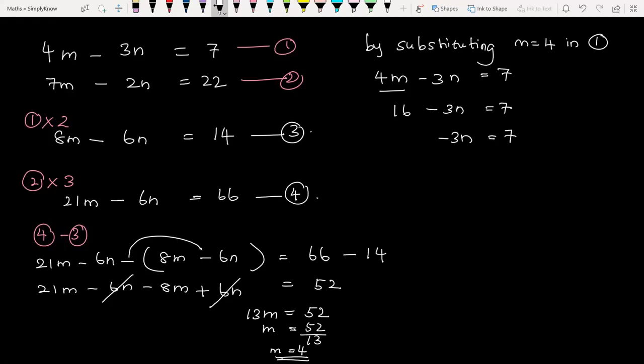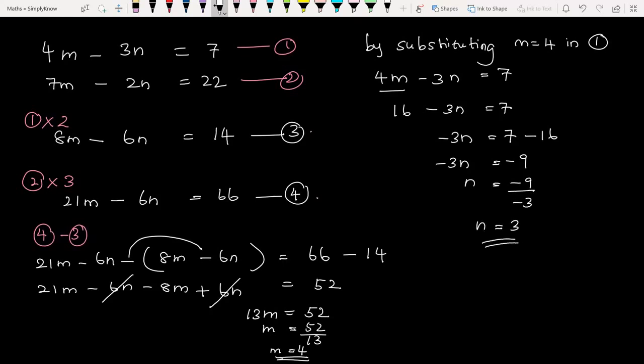When I transpose this 16 to the other side, it will become minus 16. So 7 minus 16 is minus 9. Minus 3n equals minus 9. So n is minus 9 divided by minus 3, which is 3.